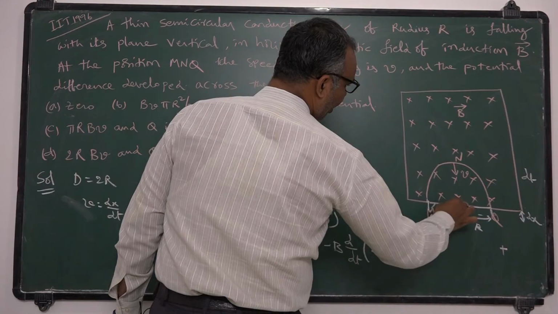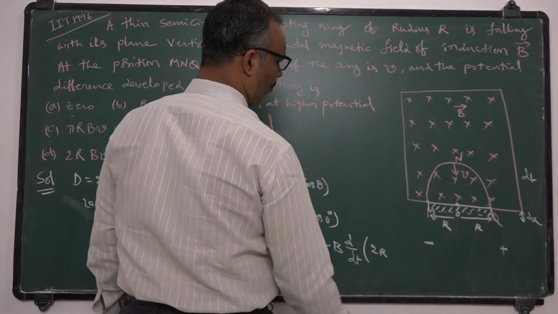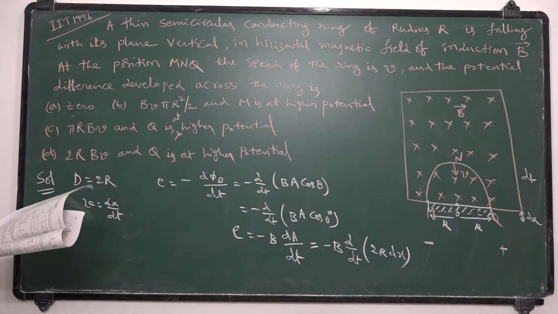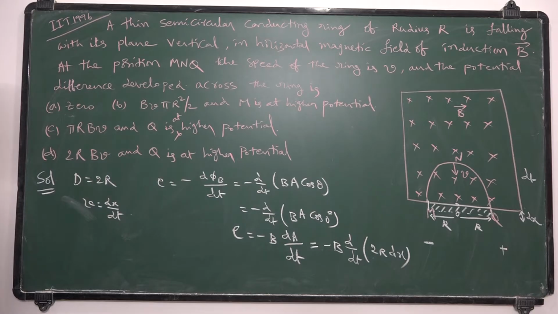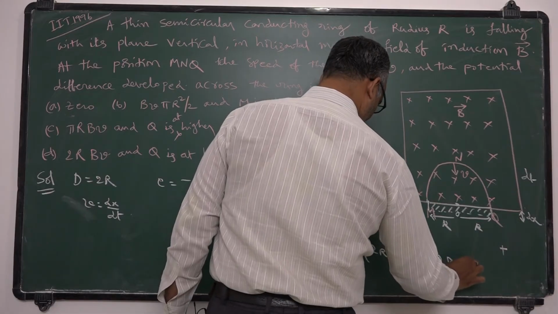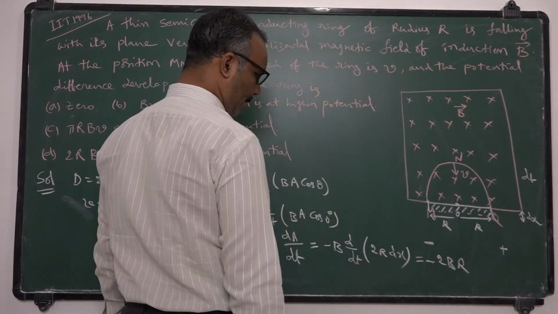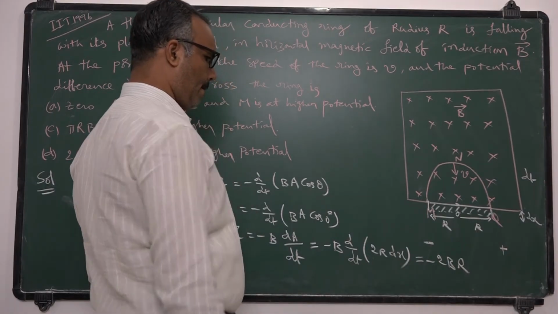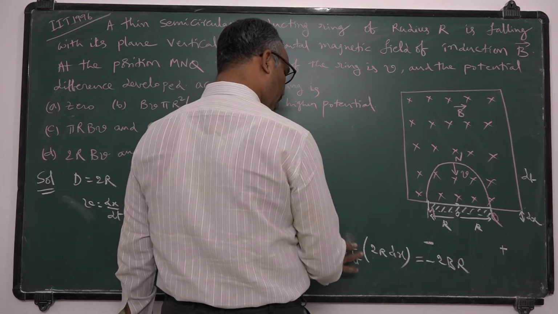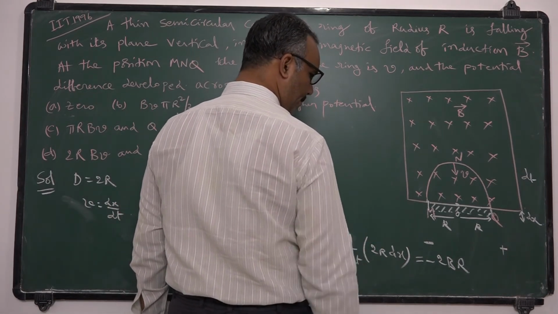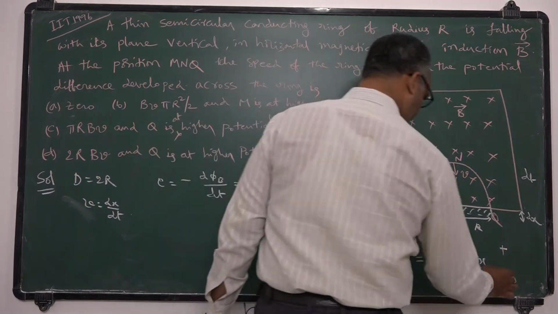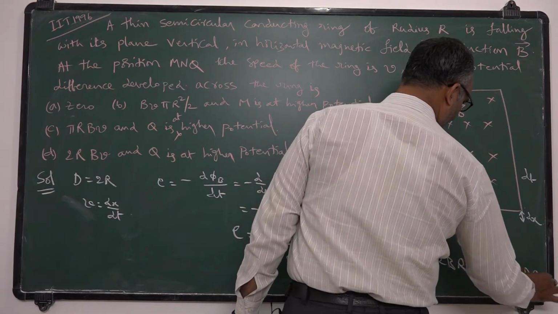This is the area changed. dx will be the change in area, 2r dx. Then you bring that 2r outside. Actually the change in area, dA itself is 2r dx by dt, into dx by dt. dx by dt is velocity. 2BRV.